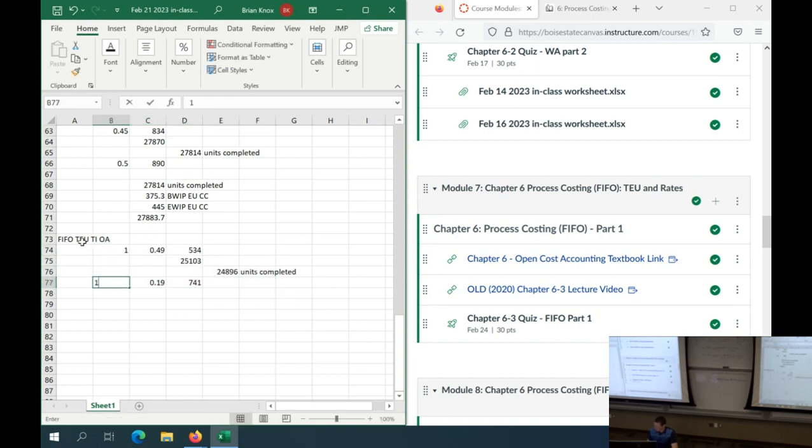So with regard to transferred-in costs, I can put 100% for both the beginning WIP and the ending WIP. So we're going to have units completed here. And the beginning WIP and the ending WIP are 100% complete, which means that the beginning WIP and ending WIP equivalent units are equal to the beginning WIP and ending WIP physical units. So we should come up with the units started as the total equivalent units in this case. This should be one of those narrow cases where it works.